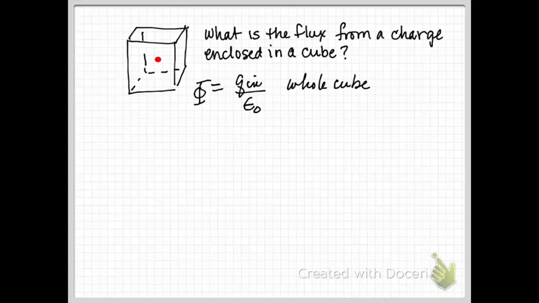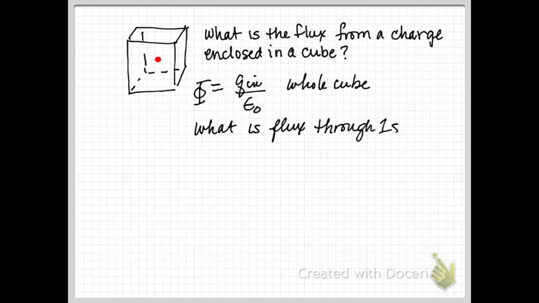And then if you just wanted to know what the flux is through one side, you would just take 1/6 of it, because that's 1/6 of the surface area. So you see that this is very geometry dependent, and that'll be very handy moving forward.